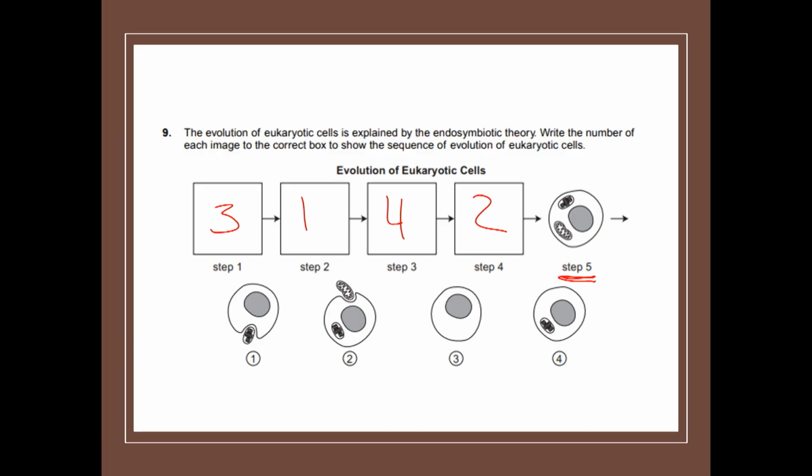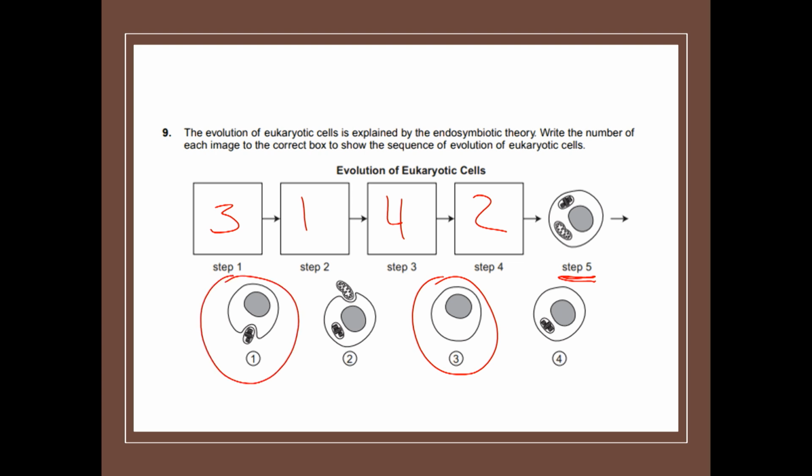And if you look at this, this is going to line up and make this picture pretty correct. Okay, so the first one is 3. This is our cell. It has no chloroplast, it has no mitochondria, it's just a nucleus. The endosymbiotic theory tells us that we took in a mitochondria and we took in a chloroplast because it was kind of a win-win situation. So we started at 3. 1 is the next one.